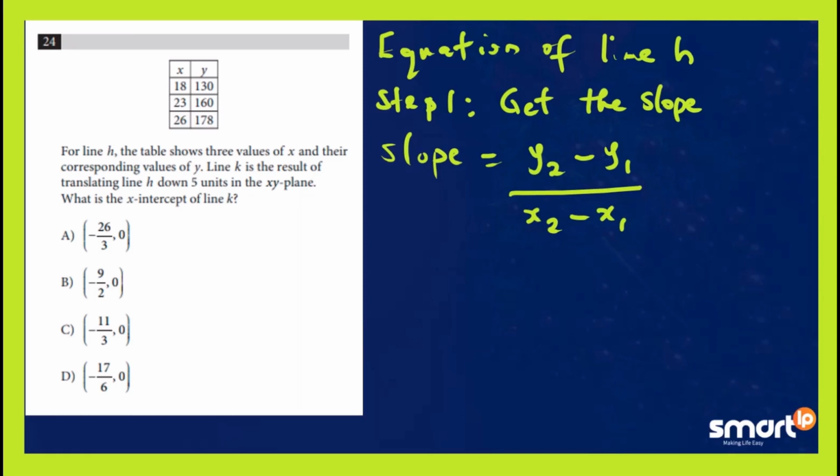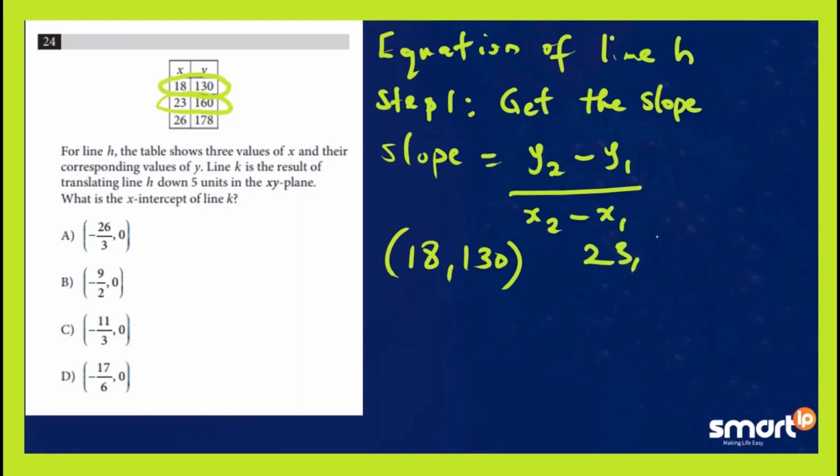Okay, so let's quickly do something. From the table, we are going to pick out 2 points. We're going to pick out 18 and 130, so that means we pick 18 comma 130, and then the second point we want to pick is 23 comma 160.